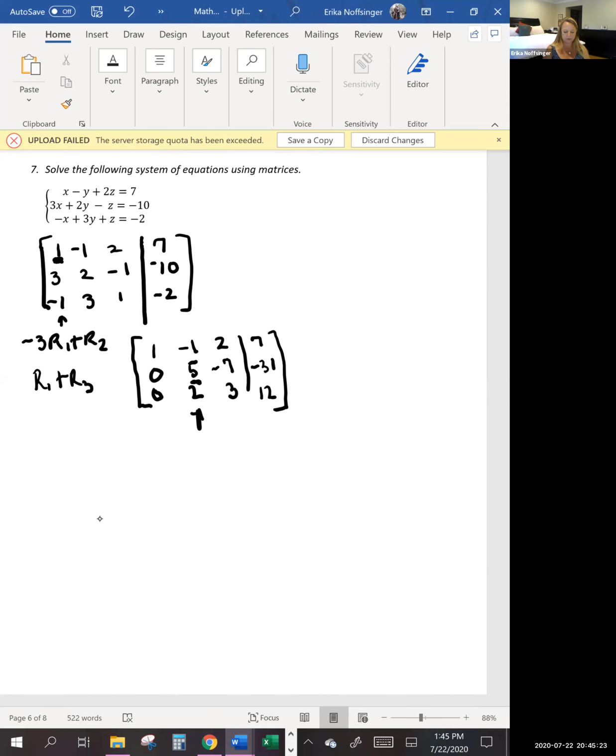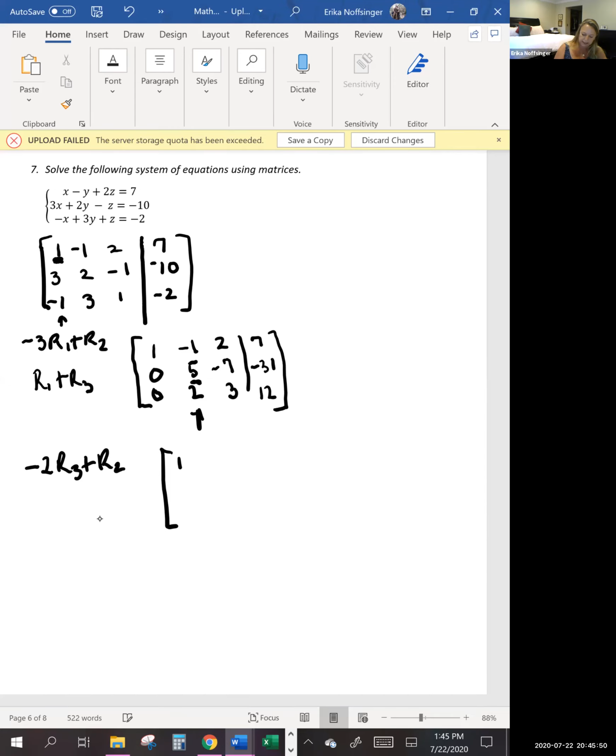I can't use my row 1 because then I would be getting a number where I got a 0, and I don't want that. I notice that if I multiply my row 3 by -2, that would give me -4 plus 5, which gives me a 1. So let's manipulate it that way. So -2 row 3 plus row 2.